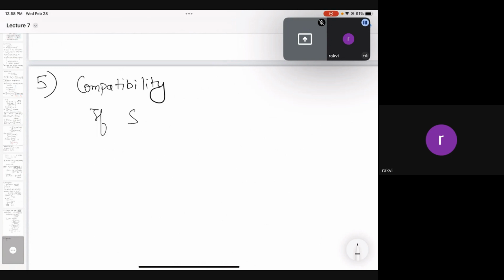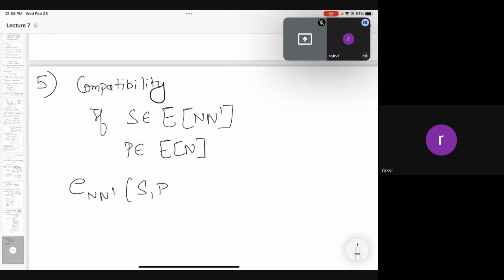So if I take a torsion point S in E[n n'], and an n-torsion point P, and I look at the Weil pairing applied at S, P, and by the way, because P is n-torsion, it's also n n'-torsion because it satisfies something stronger, this is simply taking e_n of n' S and P. S is n n'-torsion, so n' S is n-torsion.